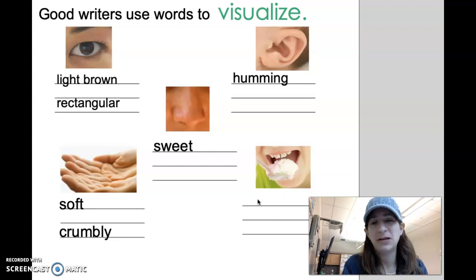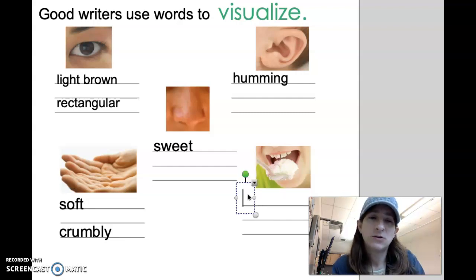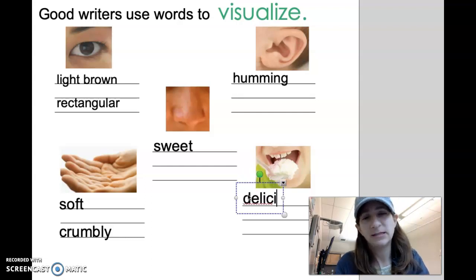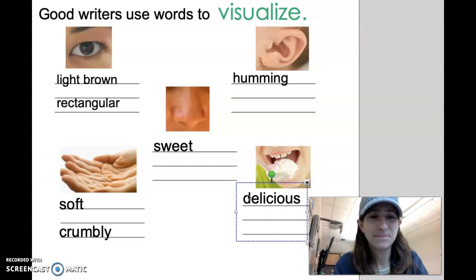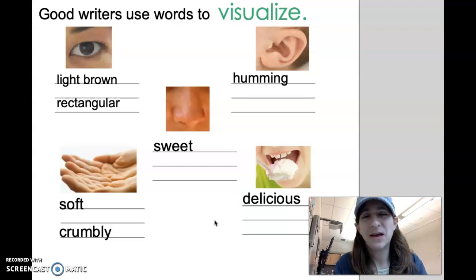Now finally we're going to think about the taste. So how does it taste? I could say it tastes delicious. I think I'm going to keep it as delicious.